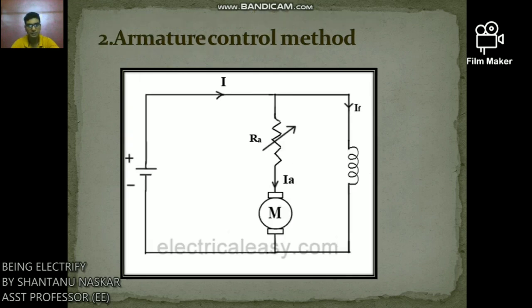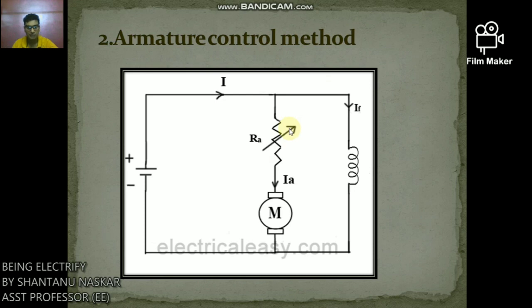Okay, so next, armature control. The speed of a DC motor is directly proportional to back EMF Eb, and Eb equals V minus IaRa. That means when supply voltage V and armature resistance Ra are kept constant, the speed is directly proportional to the armature current Ia.